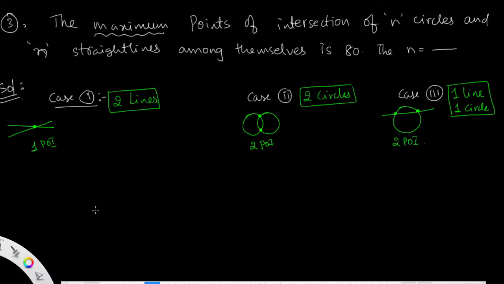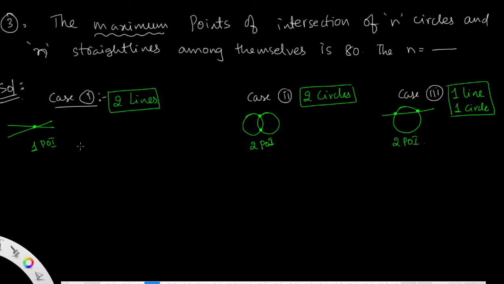This is the maximum for the different exceptional cases. Case 1 is 2 lines, giving 1 point of intersection. Taking 2 circles at a time, we get 2 points of intersection. And then one line and one circle out of n. These are the special cases of combination.